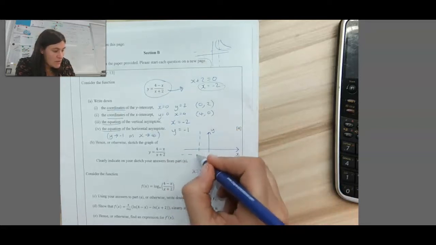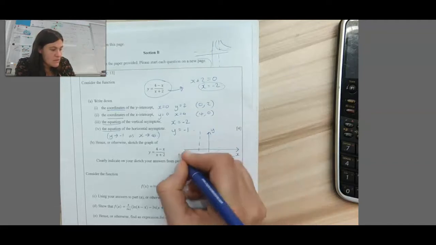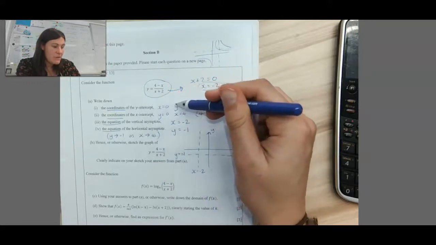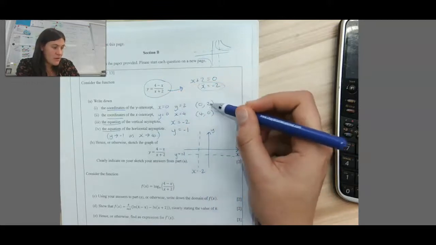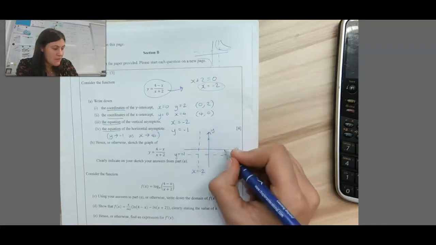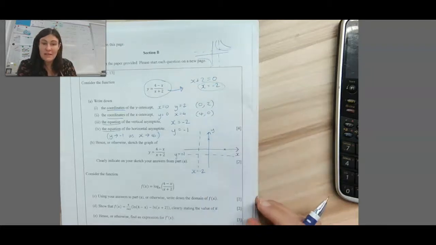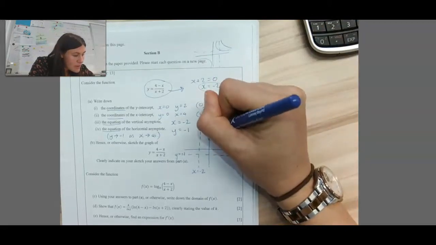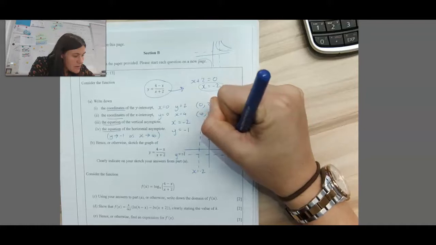And y equals minus 1. I'm going to have a y-intercept, or my graph going through the point 0, 2, which will be kind of there, and the point 4, 0, which will be kind of there. So I can see that my graph will go over here.